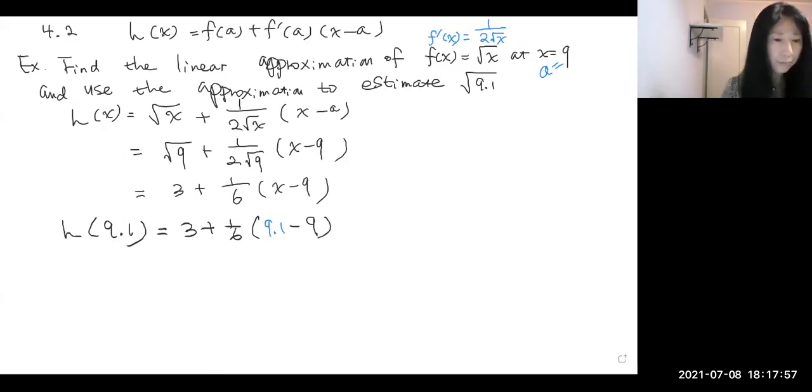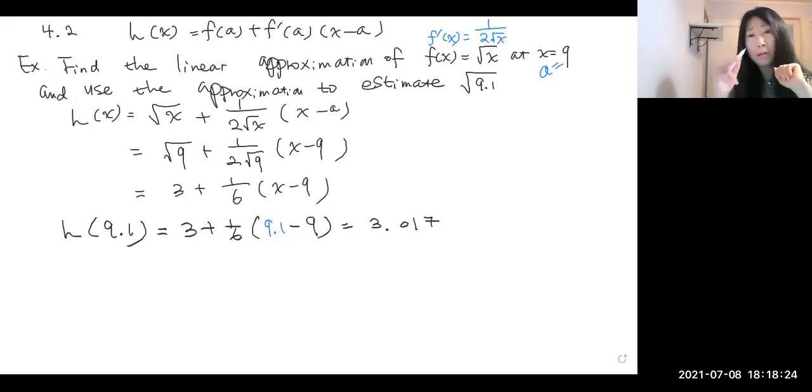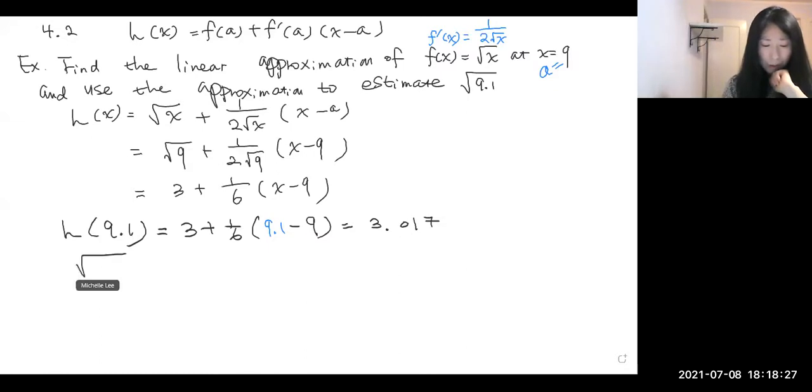What do you get this? 3.0167. Okay, good. And then estimate square root of 9.1. So where's the function? So the function you actually use a calculator. And what do you get? Also 3.0166. It's almost the exact same number.